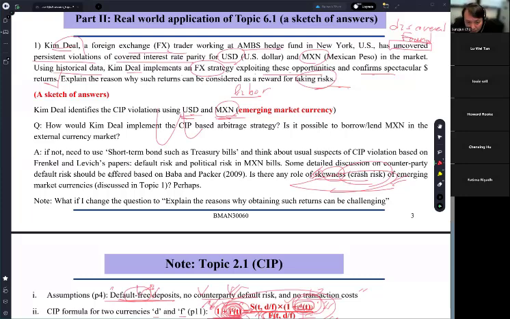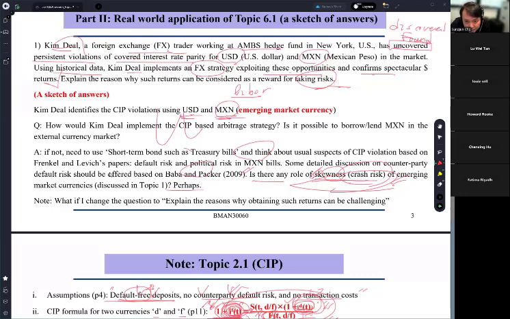So I gave the perfect mark to the answer also mentioning this crash risk based on topic 1 at the time. But for the answer mentioning default risk and counterparty default risk, I gave some above 35 points out of 50.